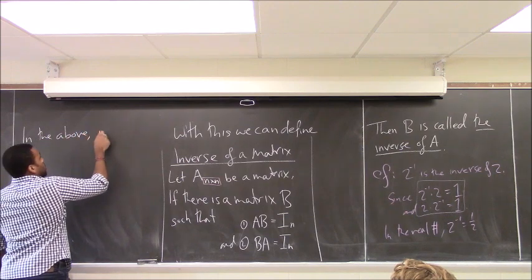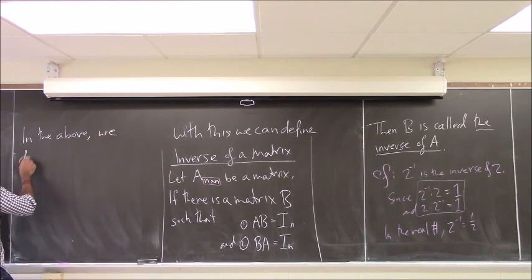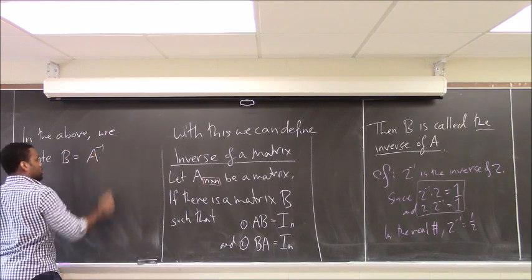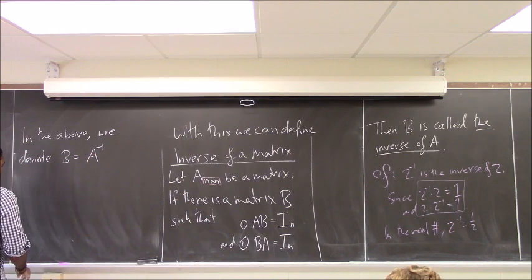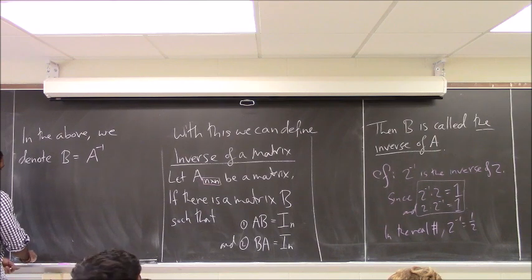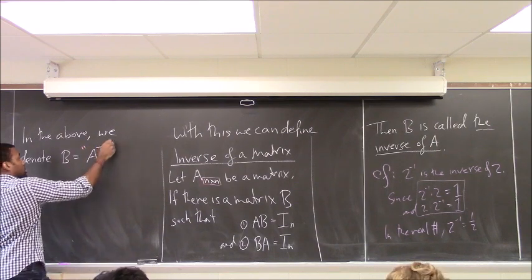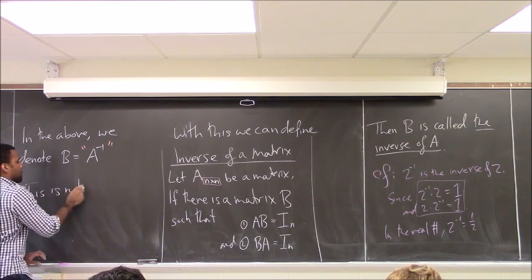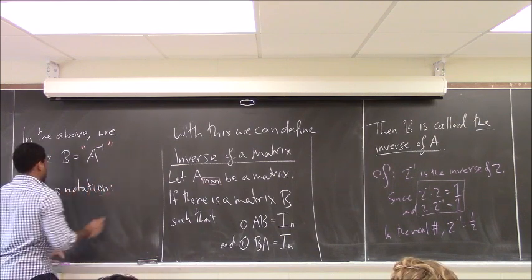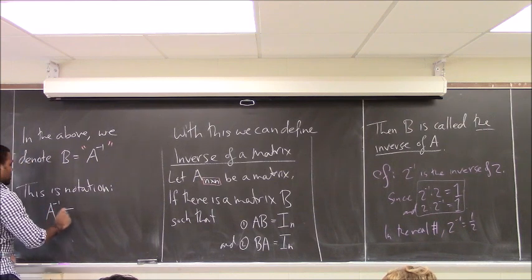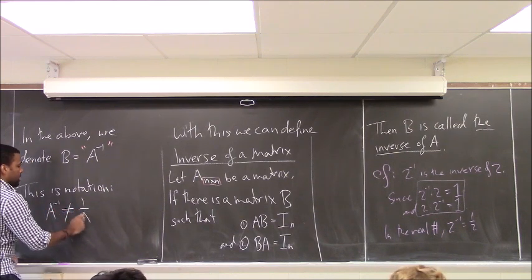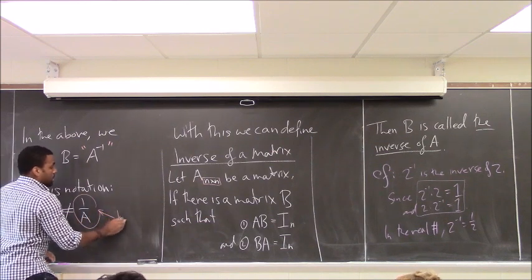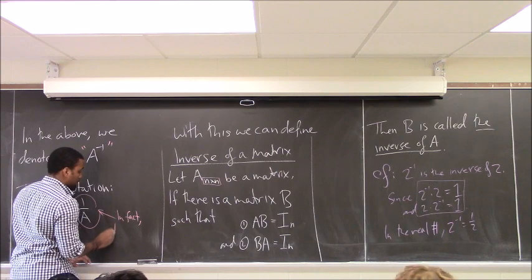In the above, we denote B equals A to the minus 1. Okay? It's very important that you realize that this is a notation. A to the minus 1 does not mean 1 over A. In fact, this is meaningless.